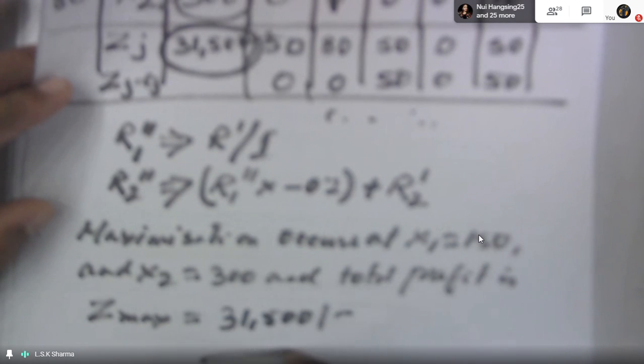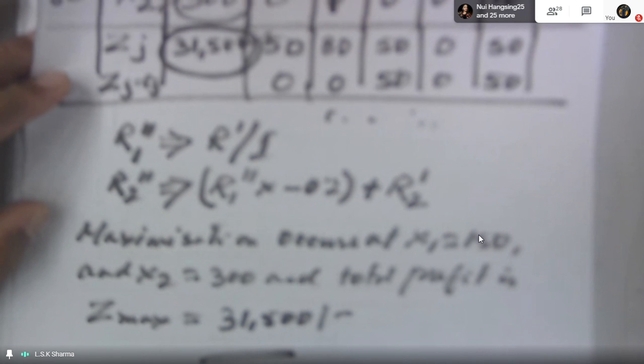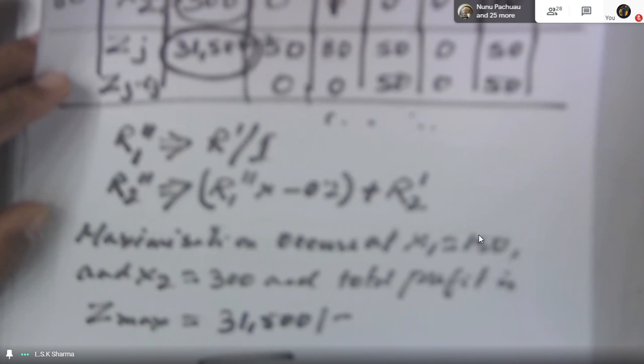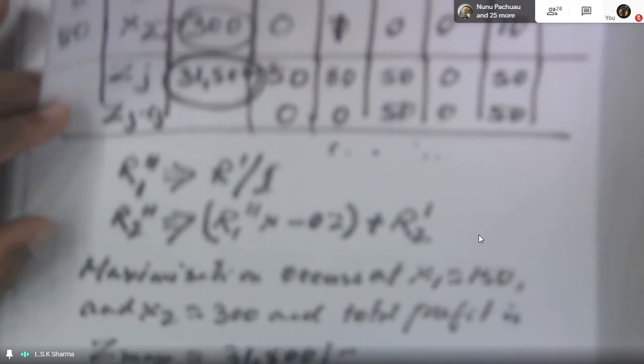You found the same answer by using the graphic method, isn't it? Remember, when I taught you that you find the maximum profit when x1 is equal to 150 and x2 is equal to 300. So this is how you find the solution.